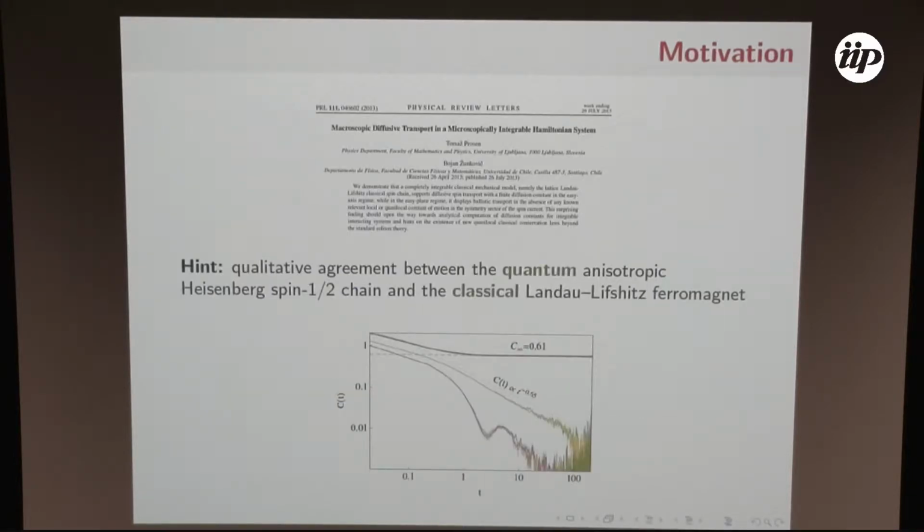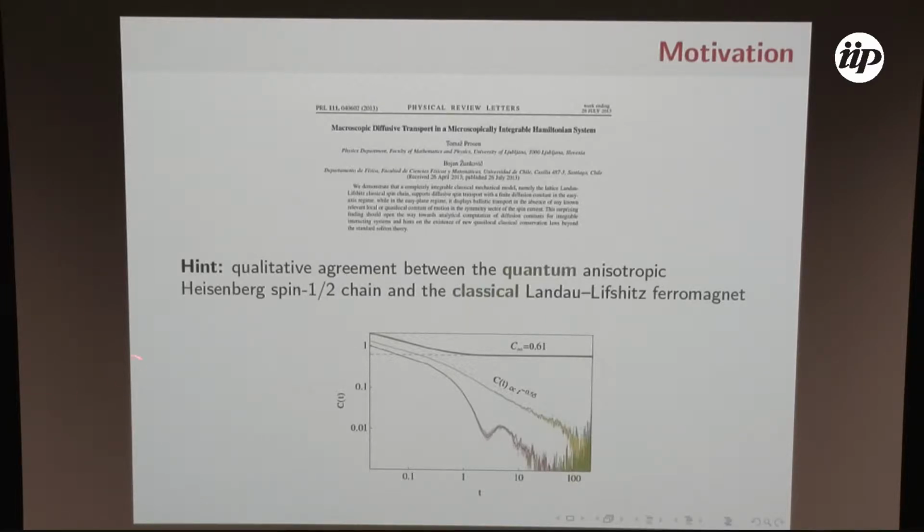And to connect on this third point, I would like to highlight a paper by Tomasz Prosen and Bojan Žunković from 5 years ago. They took the classical Landau-Lifshitz ferromagnet, put it on a lattice, and did Monte Carlo simulation to compute its transport properties at finite temperature. Remarkably, they find 3 regimes.